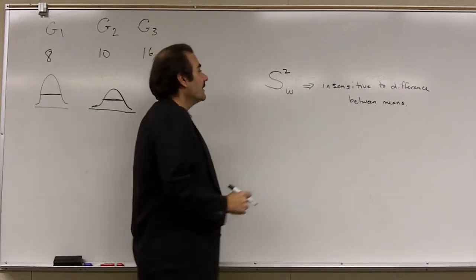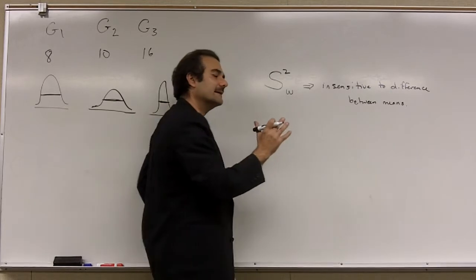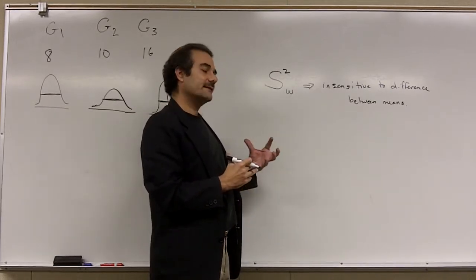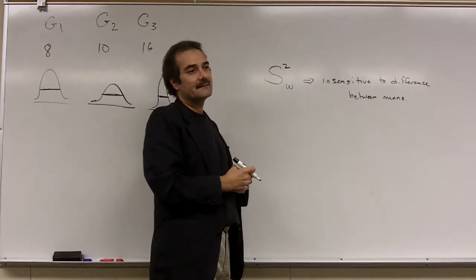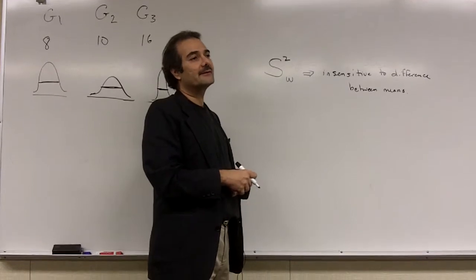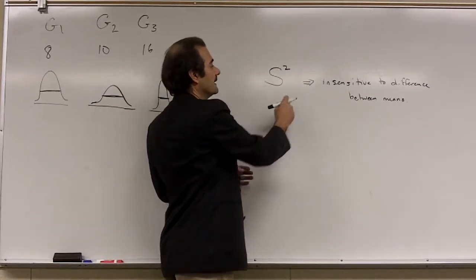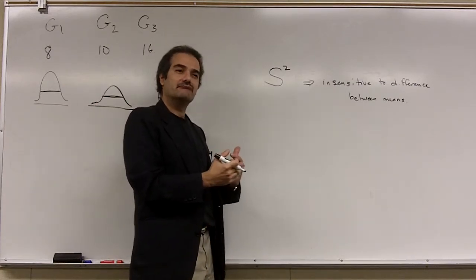Okay. So this variance is insensitive to differences between means. Let me elaborate a little bit more. What this means is, how did we calculate variance? Do you remember how we calculated variance, or S squared, in the t-test of independent means?